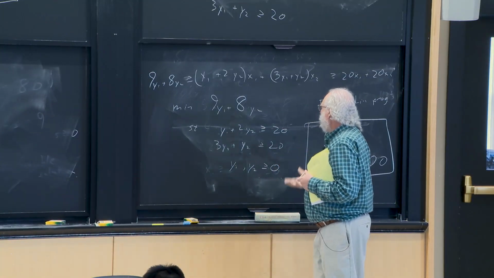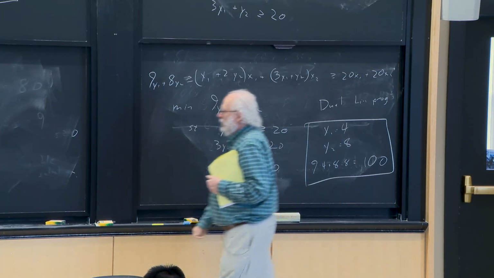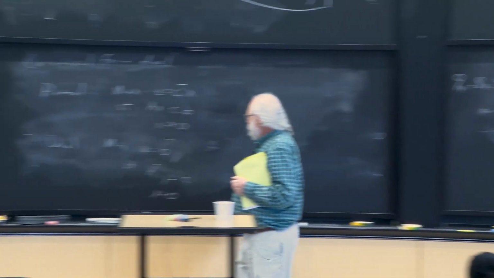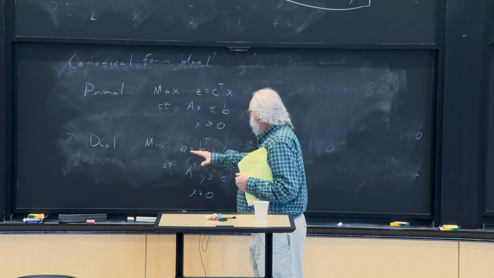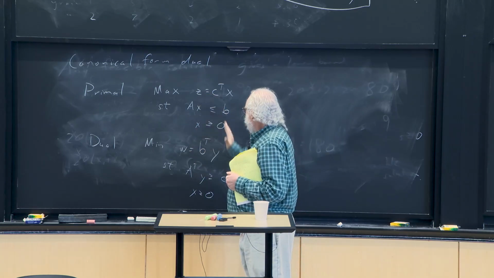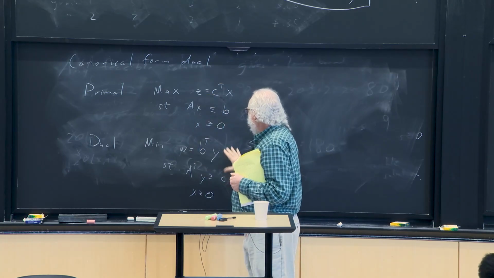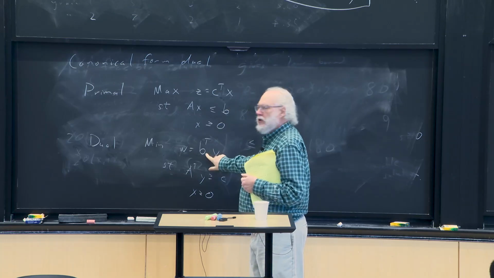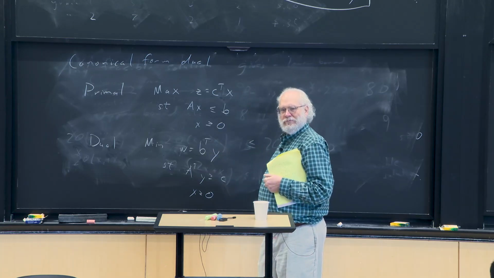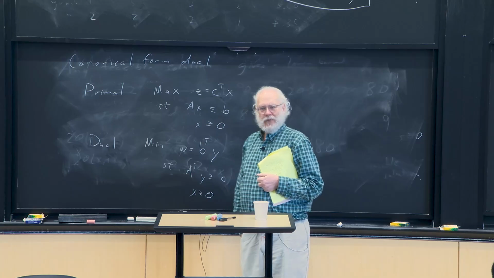We have A transpose instead of A. The objective function gets turned into the right-hand side of the constraints, and the right-hand side of the constraints gets turned into the new objective function.